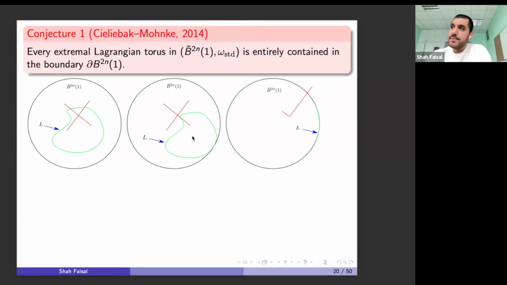In this picture, if you take a Lagrangian torus that intersects the boundary along a half circle, like the fiber of a half fibration, and you take any global Hamiltonian isotopy that keeps the Lagrangian in the ball, then such a Hamiltonian isotopy will not push such a Lagrangian into the interior. This is a classical no-go theorem, I think.